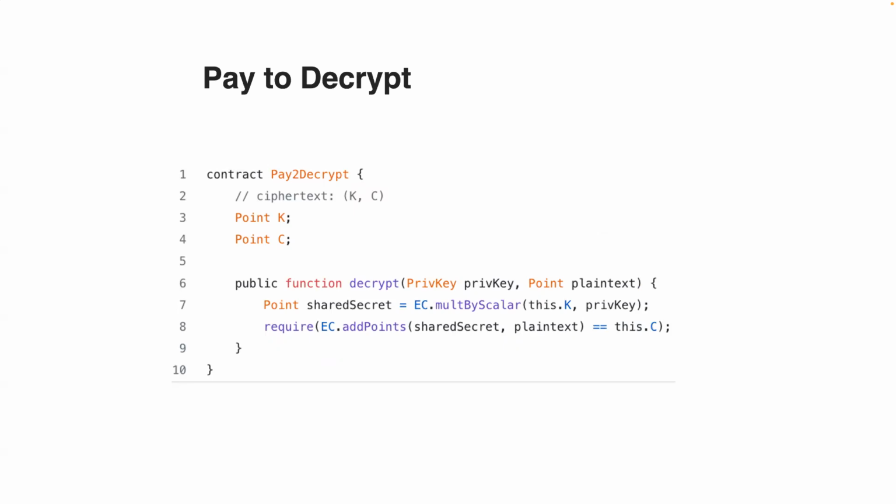Is it also possible to construct a contract such that the contract does the encryption that Bob would do with Alice's public key, and the spending condition is that Alice simply provides the unencrypted data as the input to the contract, which then gets encrypted in the same scheme that Bob would use?